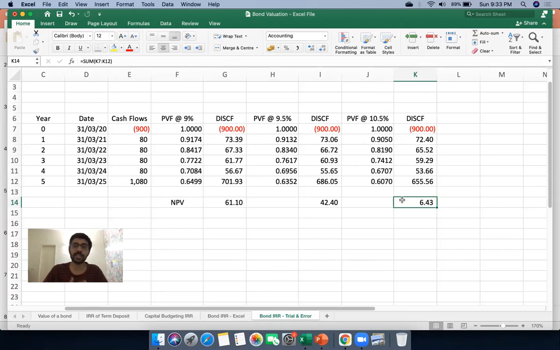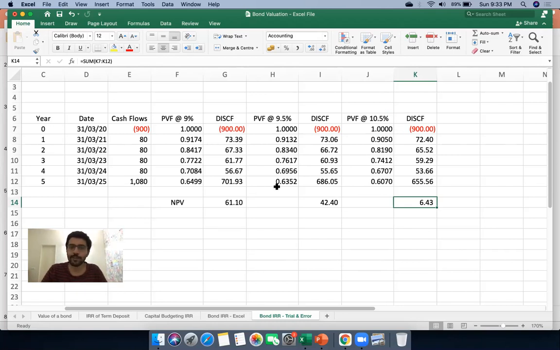Okay. So when the discount rate is 10.5%, my NPV is equal to $6. My target NPV is that it should become 0, right? So 10.5% is still not my IRR, but I still have to increase this 10.5% by a certain amount. Only then I will get my NPV as exactly equal to 0. And that will be the exact IRR or the exact rate of return that I am earning on my investment. Okay.